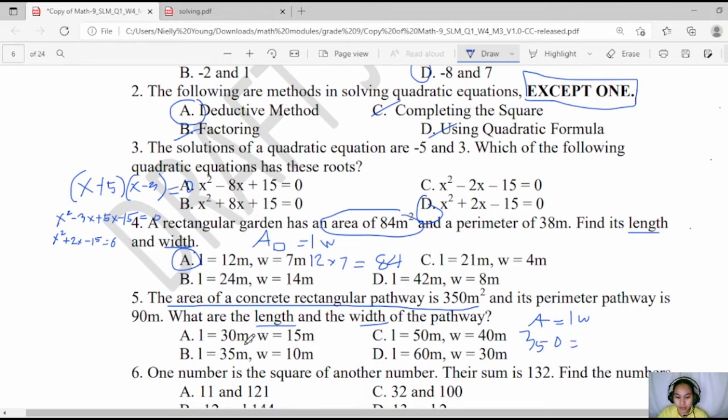Let us try 30 times 15. 30 times 15 is equal to 450. Since that is not 350, that is not correct. How about letter B? Let us try letter B. Length is equal to 35 times 10. And 35 times 10 is 350. So the answer is letter B.